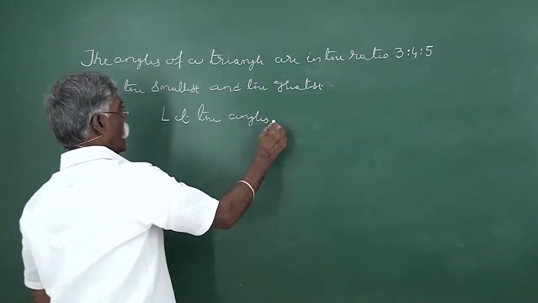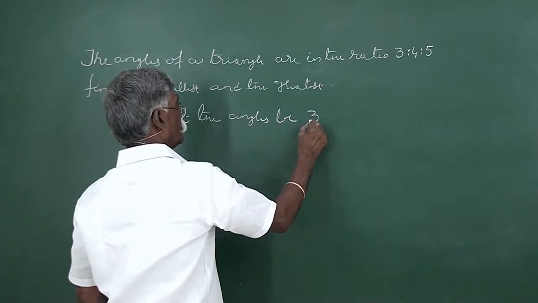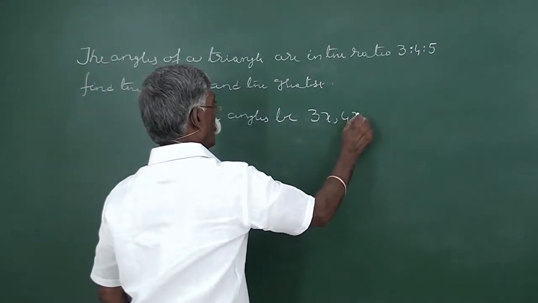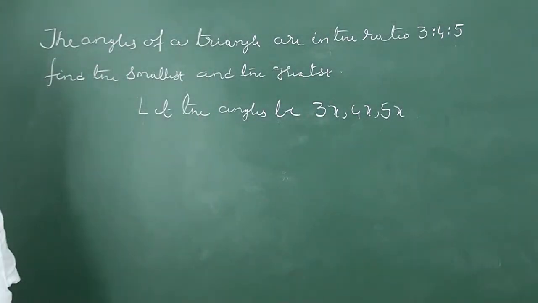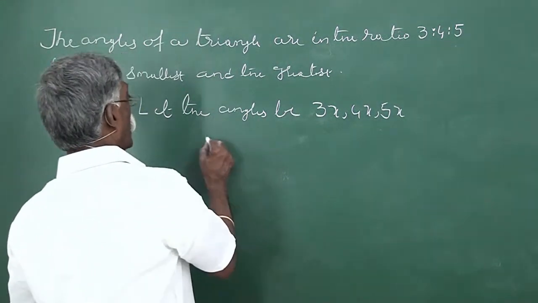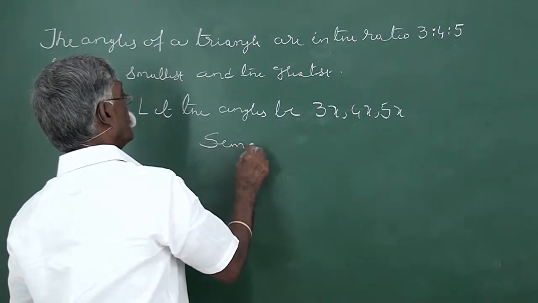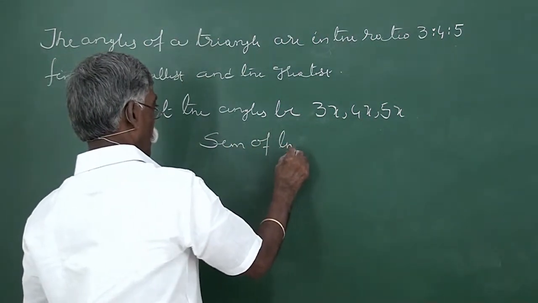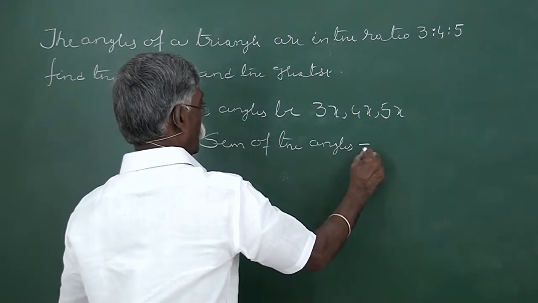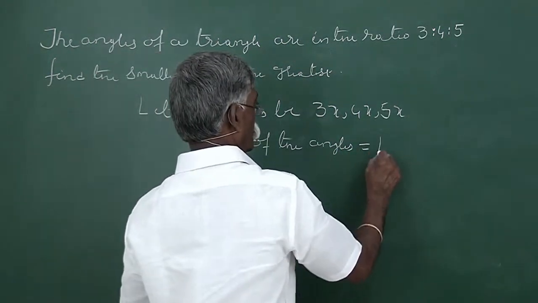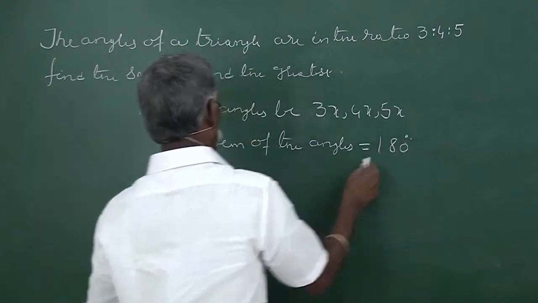Otherwise, let the angles be 3x, 4x and 5x. Because the angles are in the ratio 3:4:5, we are taking the angles as 3x, 4x and 5x. Now the sum of the angles is equal to 180.